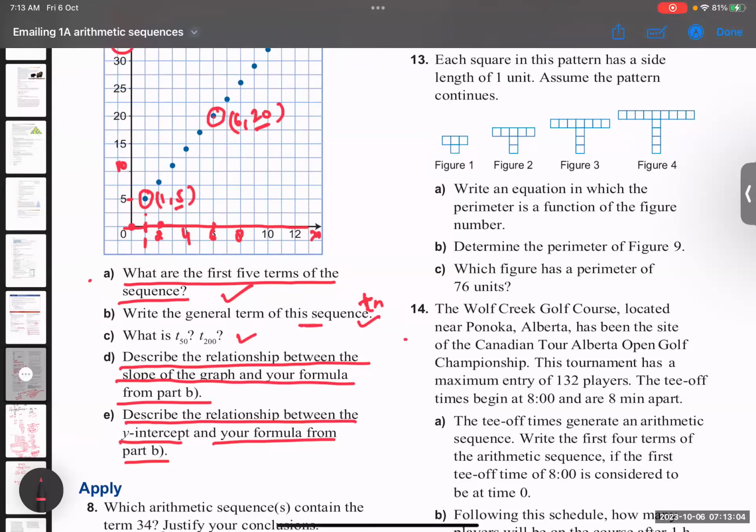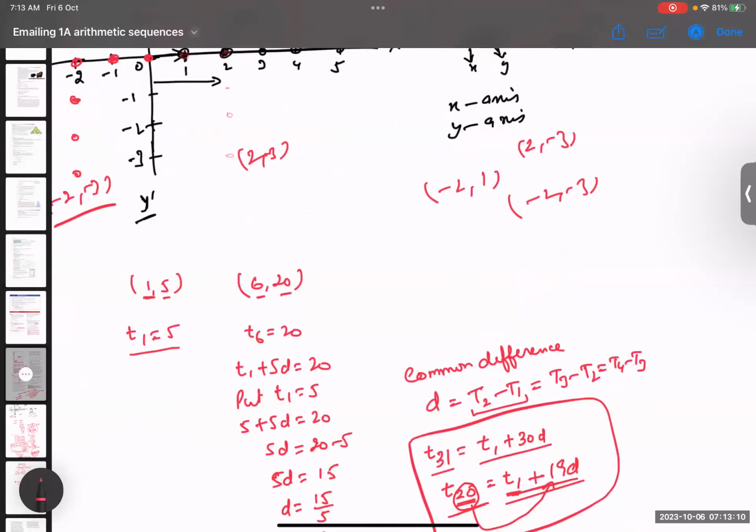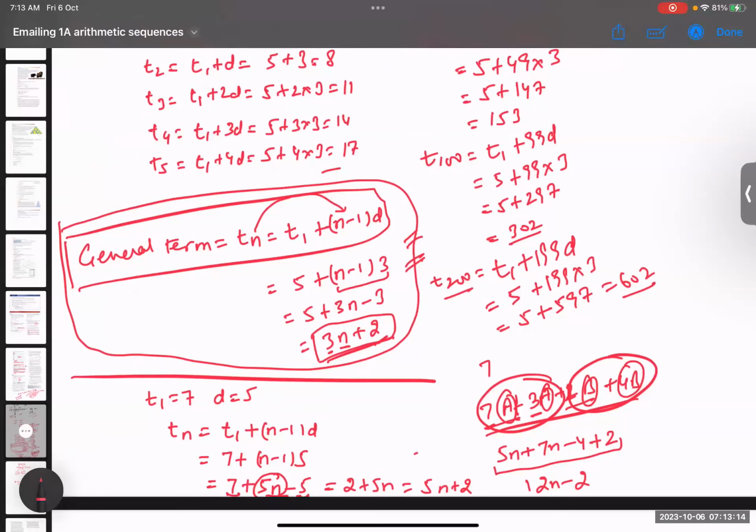Is it clear? So, look at the formula that we have calculated: 3n plus 2. Is there any relationship that we are getting there? The slope is 3. The answer is 3n plus 2.